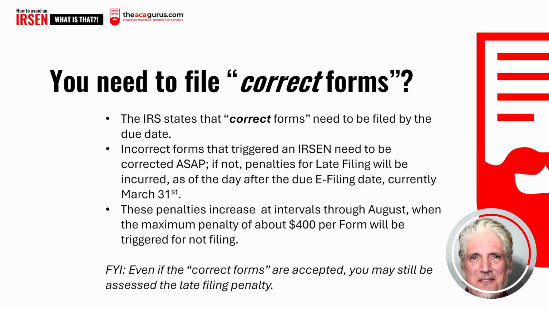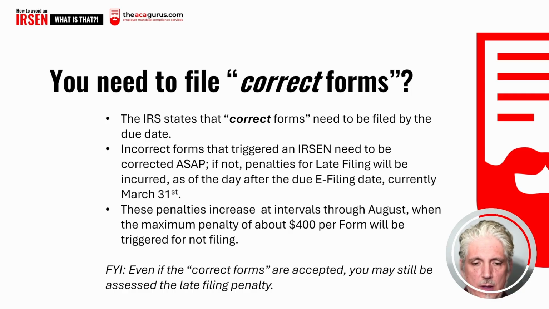It's a correct 1095-C or B. So those accumulate on a time basis, but it maxes out after August 1st.